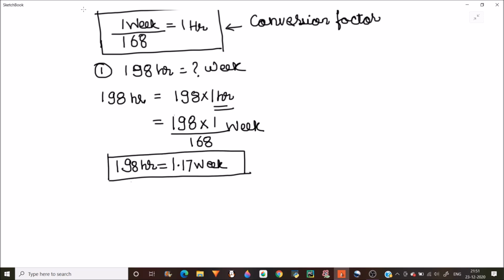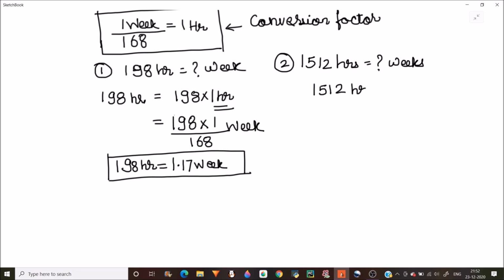Now let's take one more example and convert 1512 hours to weeks. So the same method we are going to use, the conversion factor.